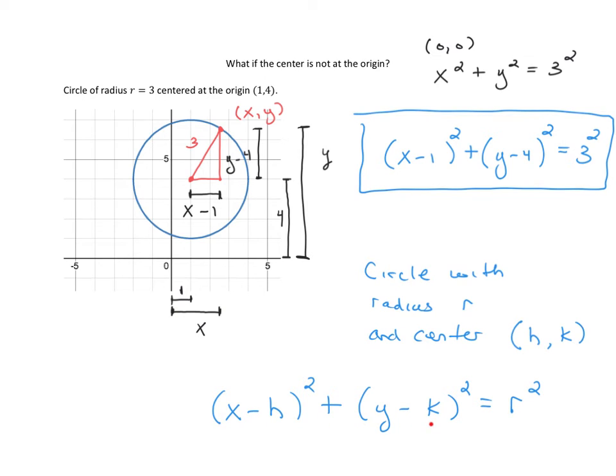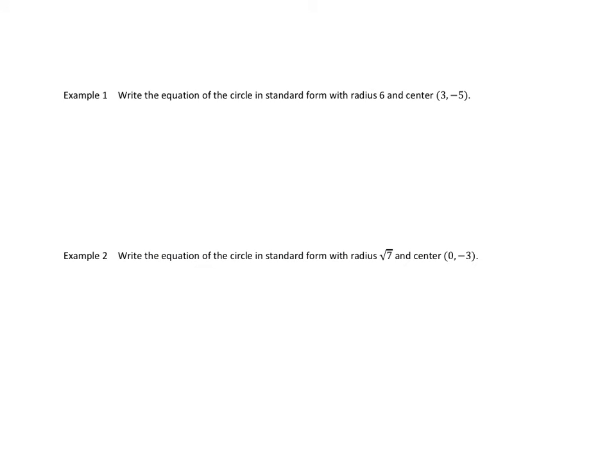So this h and this k were subtracted off of the x and the y values, so you could use the Pythagorean theorem. The equation of the circle in standard form is given by (x minus h) squared plus (y minus k) squared is equal to r squared. So r is the radius, and h comma k is the center.